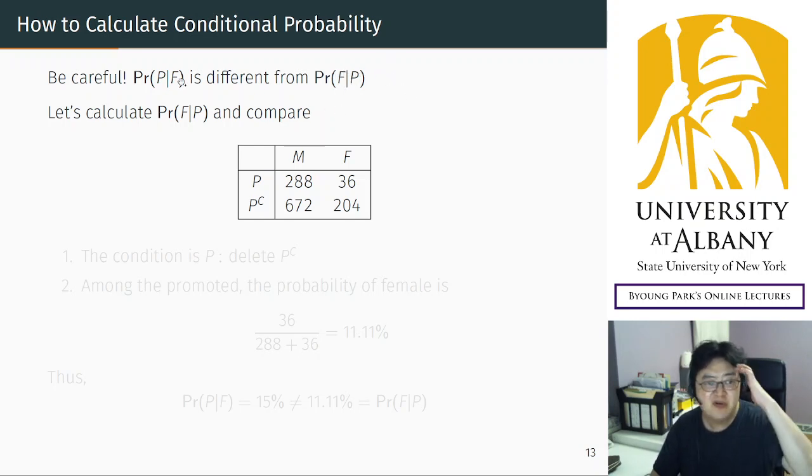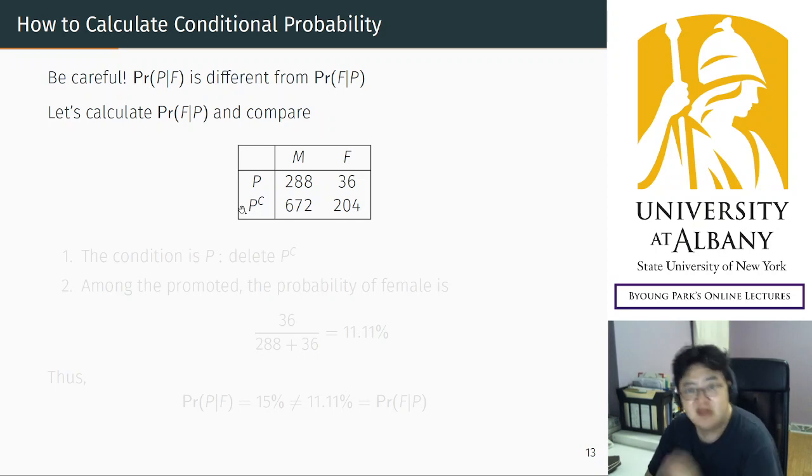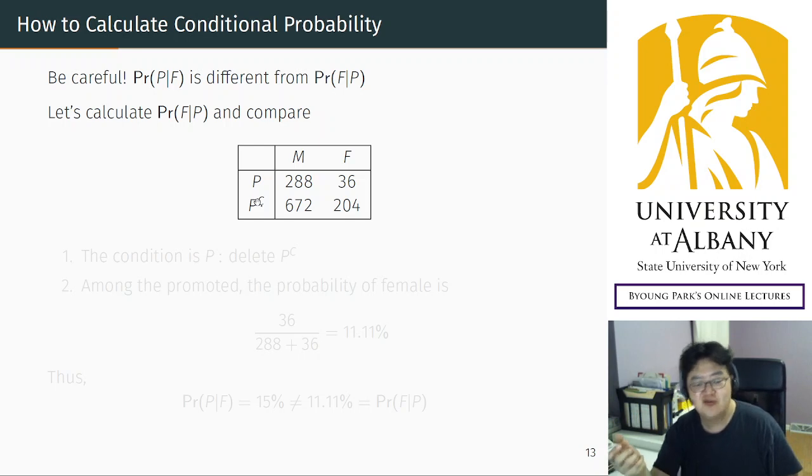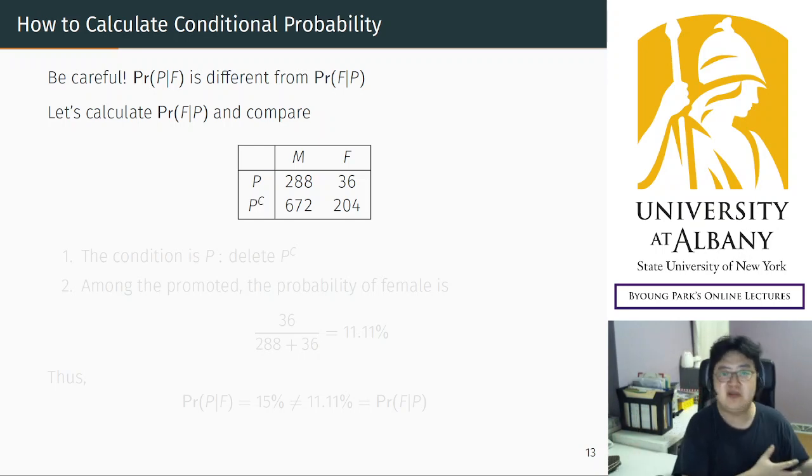Remember, the second one, the one that comes after the bar, is the condition. And here P is coming after the bar. When being promoted is the condition, I'm deleting these guys, so you are deleting different data. If you mistake the condition, you are using a totally different set of data.